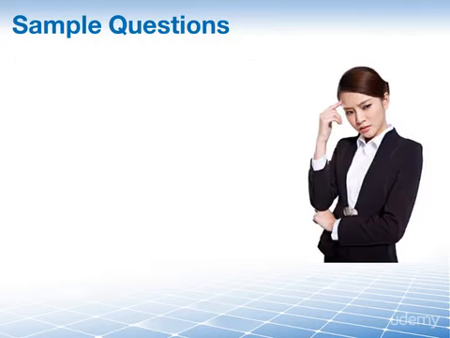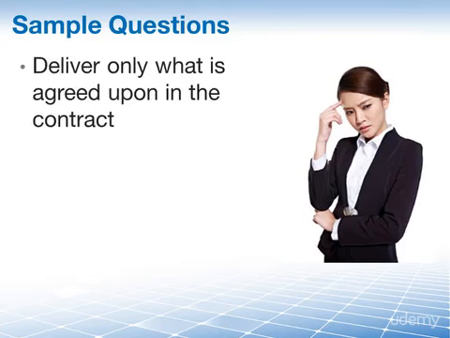Another favorite in terms of sample questions relates to the idea that you only have to deliver what's included in the contract. If something was first agreed upon but then not included in the final signed contract, even if it was an oversight, then it's not part of what needs to be delivered.